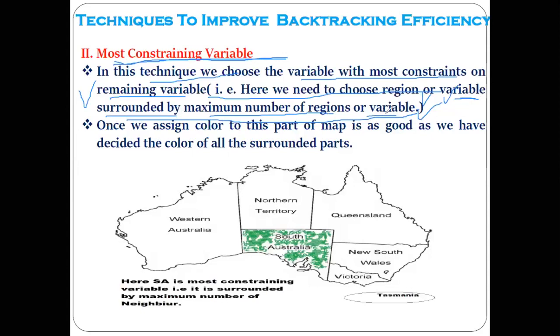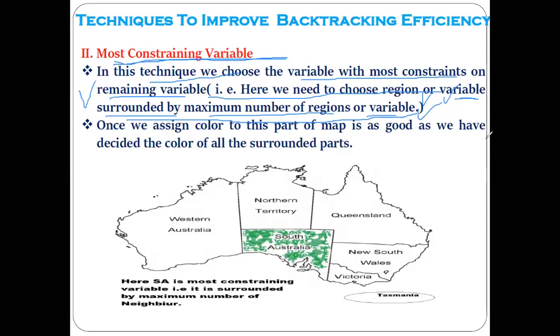Now tell me which variable is this kind of variable in our map. Which variable is surrounded by the maximum number of variables? South Australia. Yes or no?